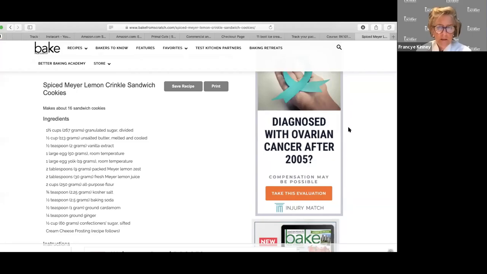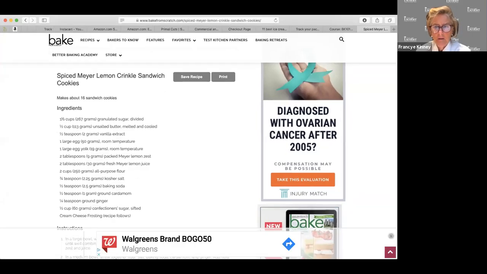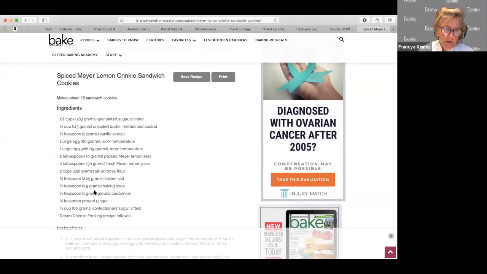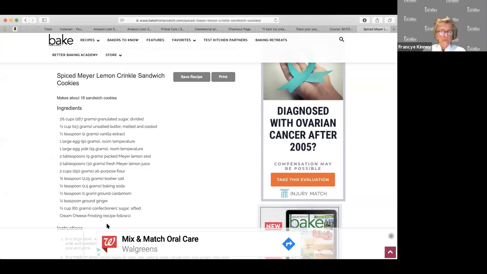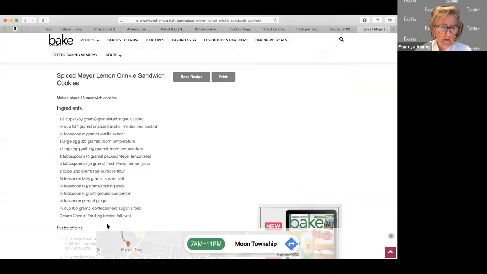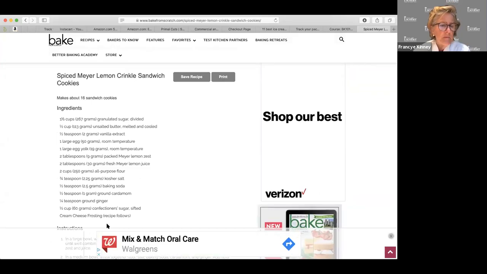So let's first go here. This is one of the sites we've talked about in the past, and it is nice because, for the most part, they give you the grams for all of the things that we would typically use teaspoons to measure.